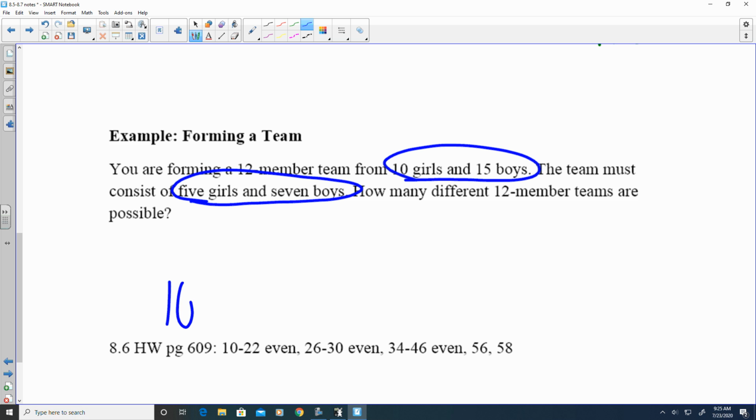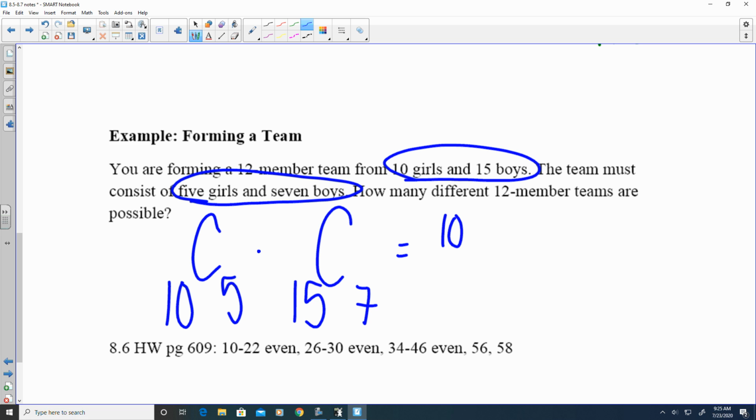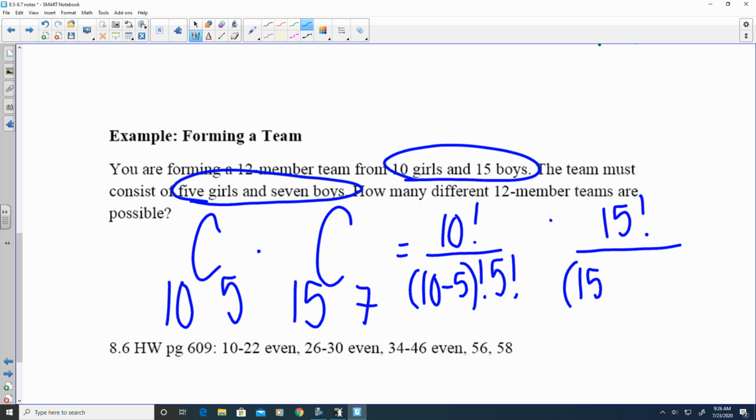So 10 girls, I'm choosing 5. And remember, the fundamental counting principle said if I figure out how many ways to choose girls, I'm going to multiply that by how many ways to choose the boys: 15C7. 10 factorial over 10 minus 5 factorial, 5 factorial, times 15 factorial over 15 minus 7 factorial, 7 factorial.